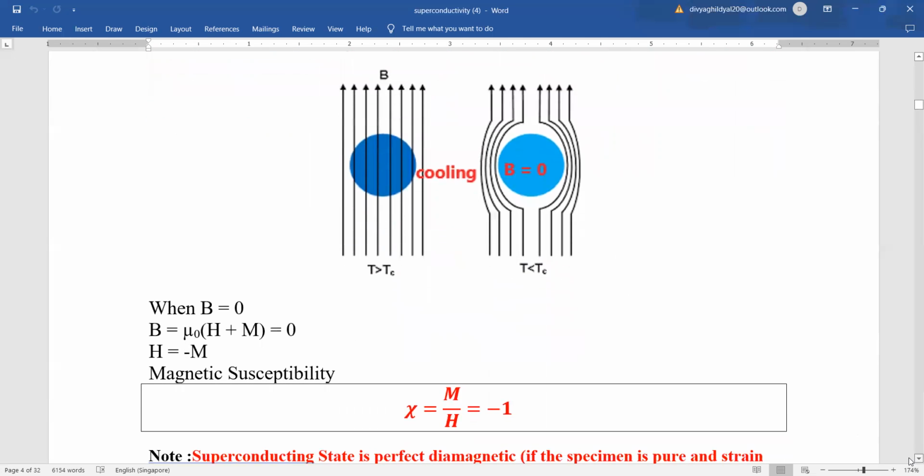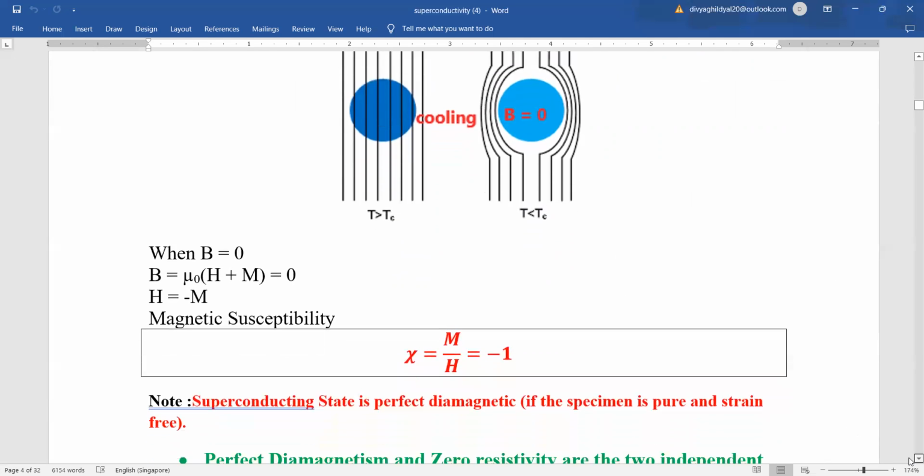We can show this mathematically also: when B becomes zero inside, then from our famous formula B = mu naught (H + M) = 0, H becomes equal to -M, and the magnetic susceptibility M/H becomes equal to -1.